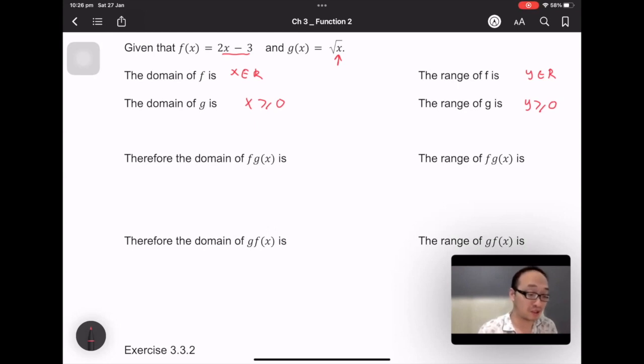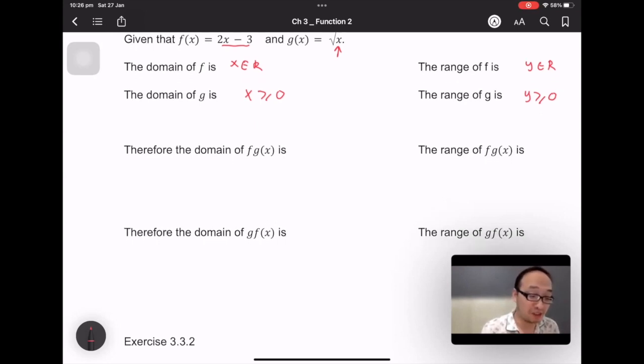So we start with fg first, yeah? fg means we work on g first. So this is g and then continued by f. So that means the domain will be the domain of g. So we take the domain of g, I write here, domain of g.